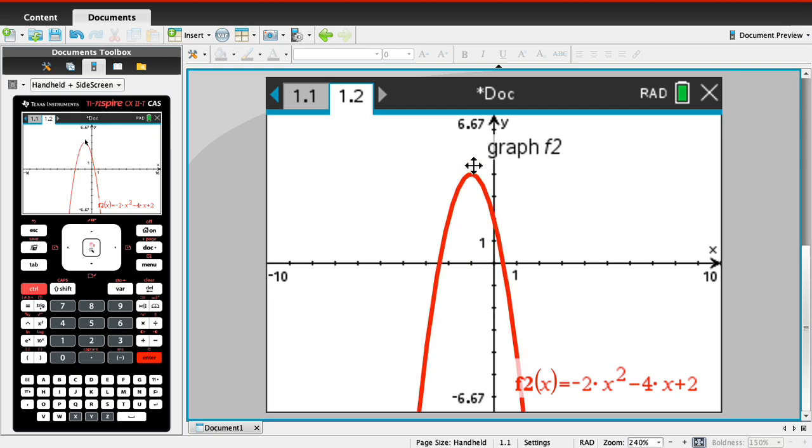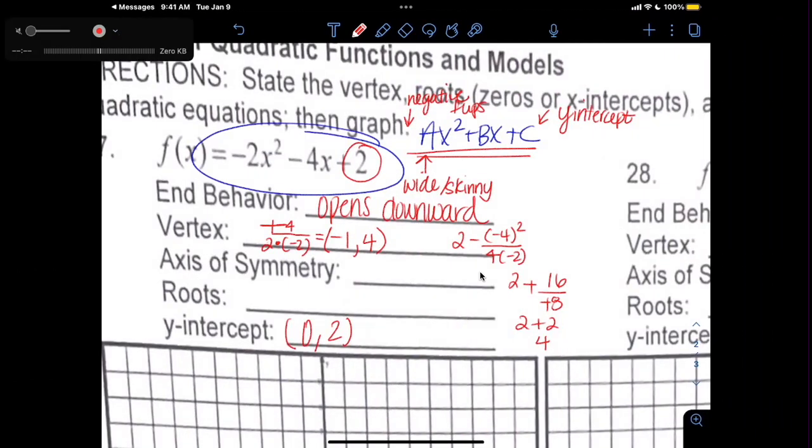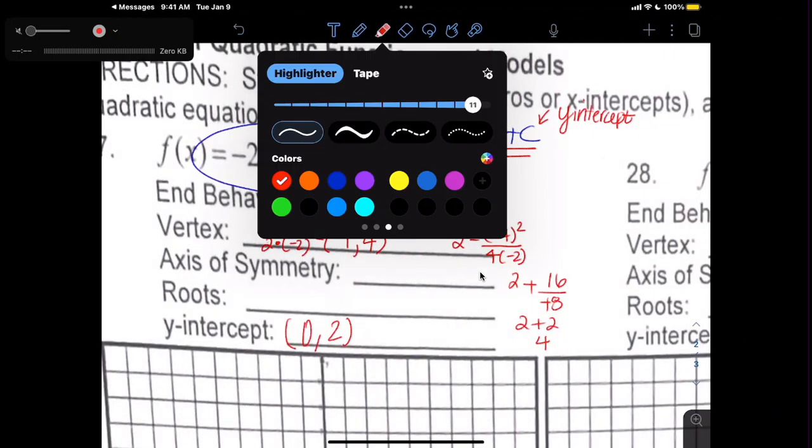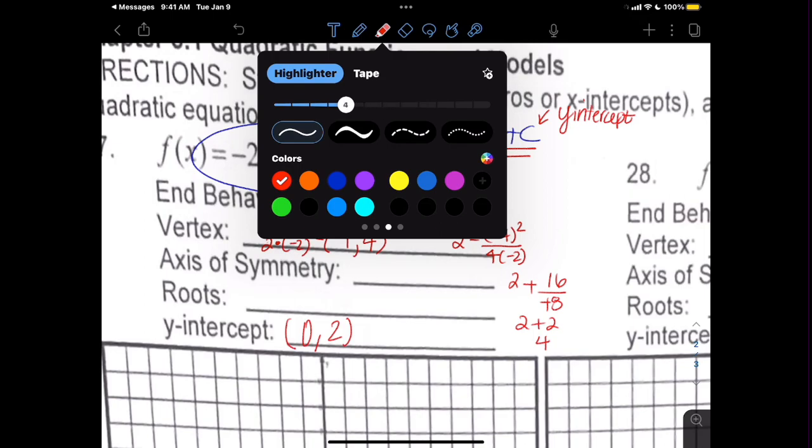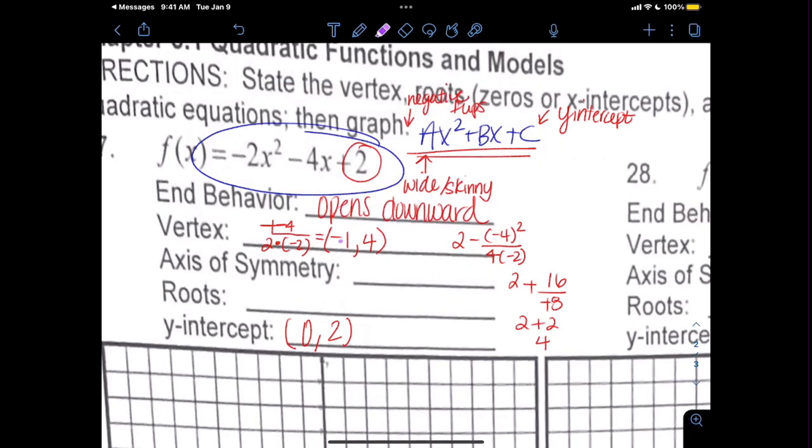My axis of symmetry is going to be a line going directly through there. It is always x equals whatever the x value is here. So here it should be x equals negative 1. So, in other words, I take this and I say x is equal to whatever number there is.